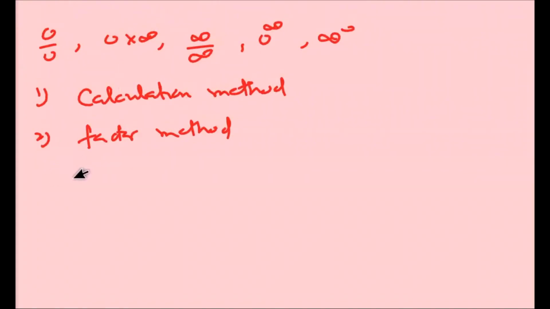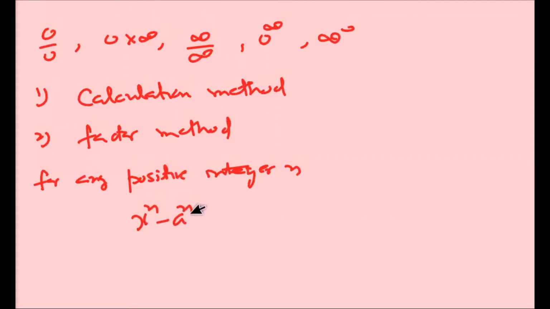So we will explain a formula. For any positive integers n, we can use the formula this way: the limit of (x to the power n minus a to the power n) upon (x minus a), as x tends towards a, equals n times a to the power n minus 1.